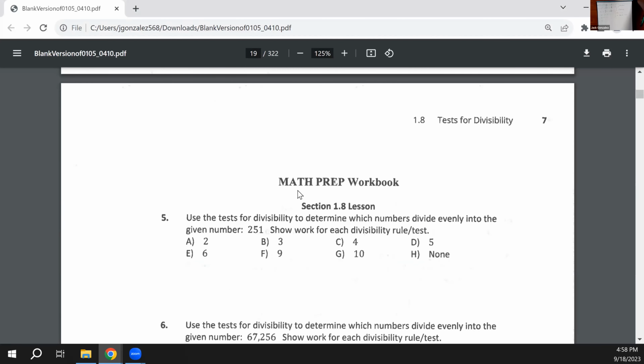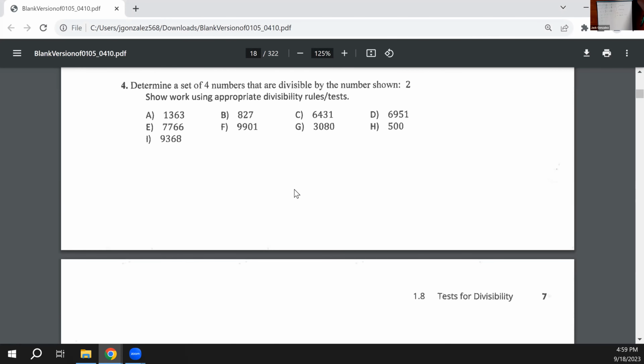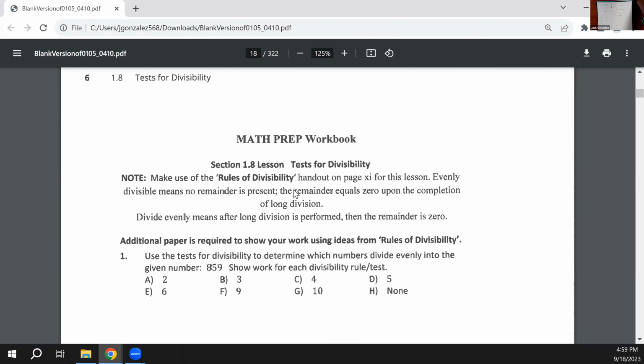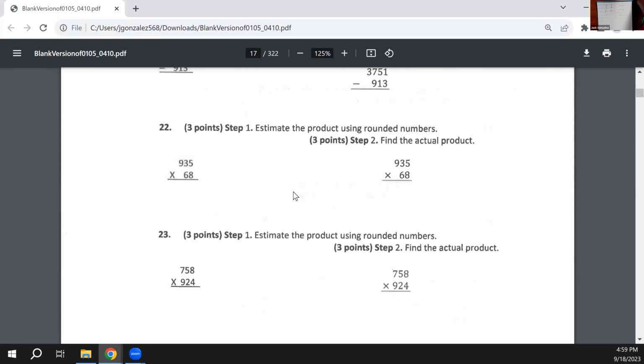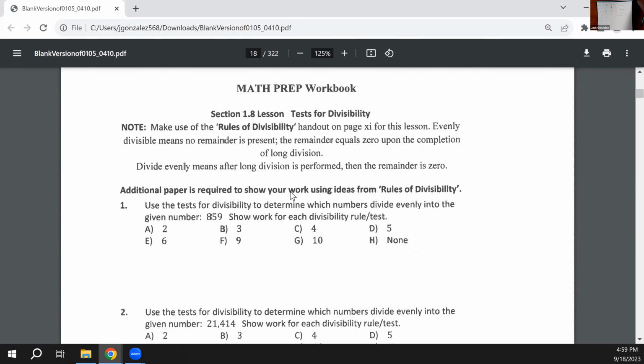I don't know if it's in there. I'm going to bring it up. But it's the test for divisibility. 8.8. Hey, what's that? The handout page that says right here. Pull that page up.